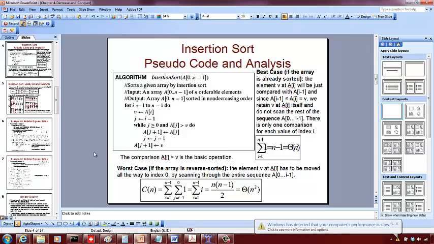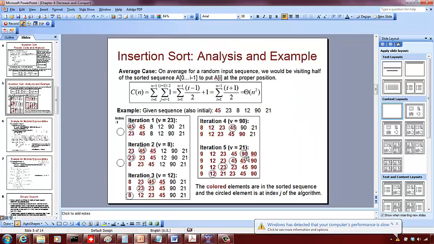On average, when we look at the elements in the sorted array and do the comparison, we will do say half of the comparisons. At the best case we do only one comparison, at the worst case we do all the comparisons. So in the average case, let's say we do half of those comparisons. So that's why the j index runs from i minus 1 to i minus 1 over 2.